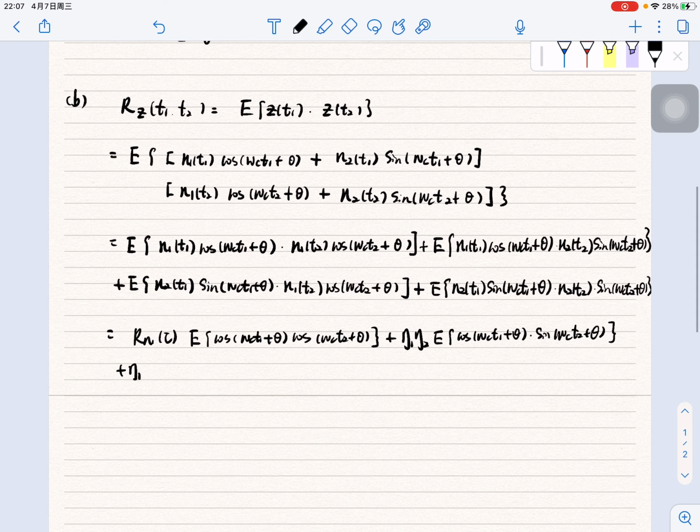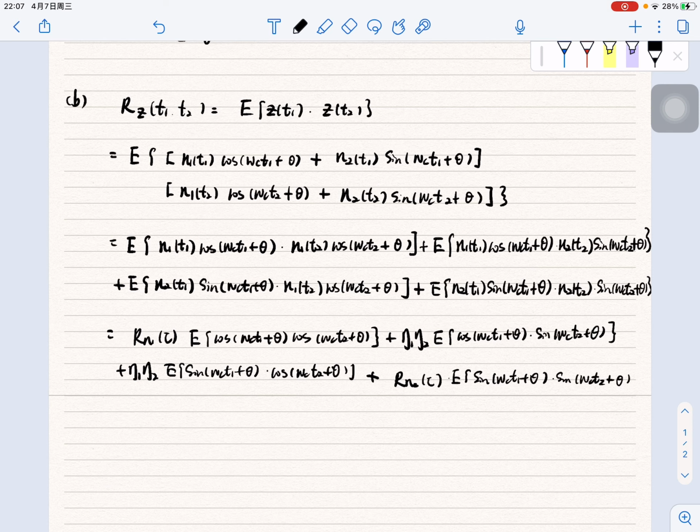The third term is eta1 eta2 multiplied by the expectation of sine omega c t1 plus theta cosine omega c t2 plus theta. And the last term is Rn2 multiplied by the expectation of sine omega c t1 plus theta, multiplied by sine omega c t2 plus theta.